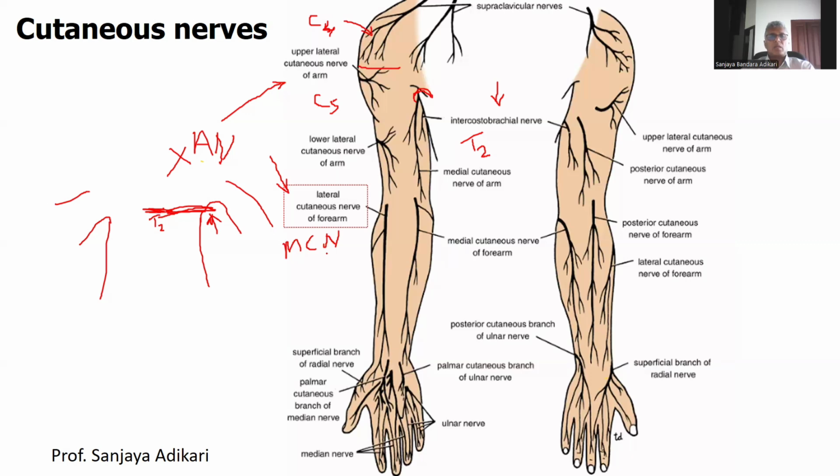The musculocutaneous nerve again has two parts, a muscular part and a cutaneous part. The muscular part is given to the muscles in the anterior compartment of the arm, the biceps, brachialis and coracobrachialis muscles. And then the cutaneous component emerges just lateral to the biceps tendon here at the cubital fossa as the lateral cutaneous nerve of the forearm.